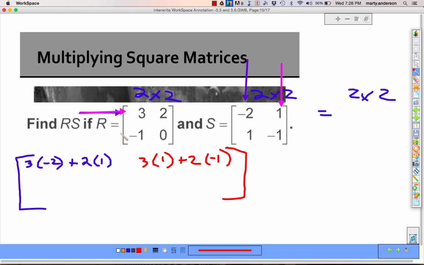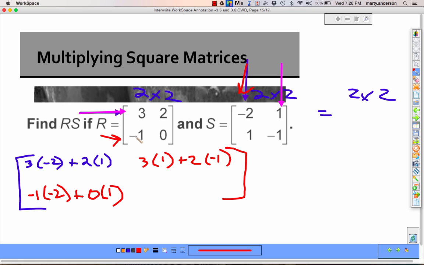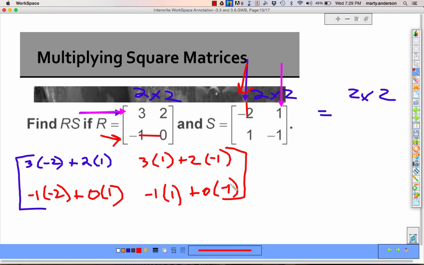Let's move to the bottom. Second row, first column: negative 1 times negative 2 plus 0 times 1. Lastly, second row, second column: negative 1 times 1 plus 0 times negative 1.